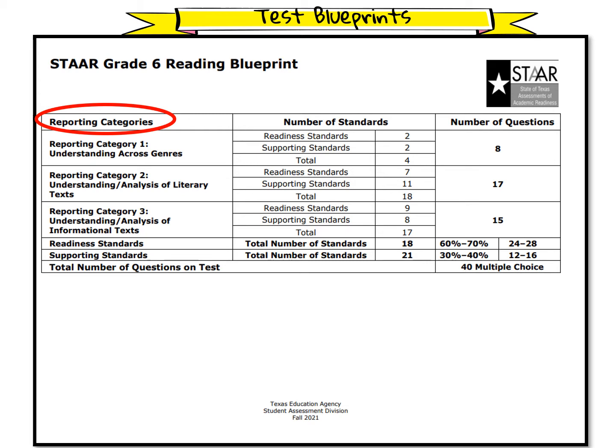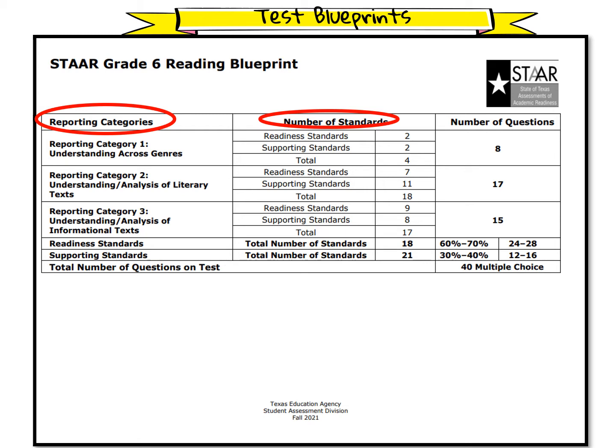So what about the number of standards or SCs that are eligible for testing? That's the next column that you will see there. Originally, the state had mentioned that they would not be labeling anything readiness or supporting, but it looks like there may have been a change there. So now we have the number of standards or which standards are going to be tested.